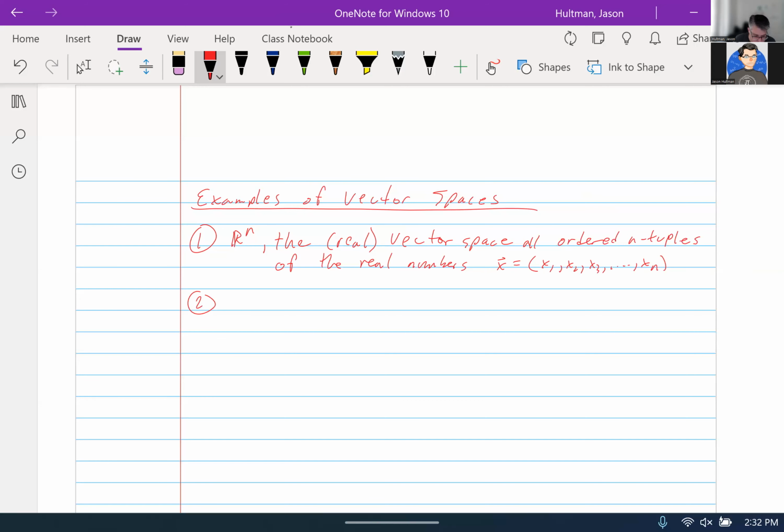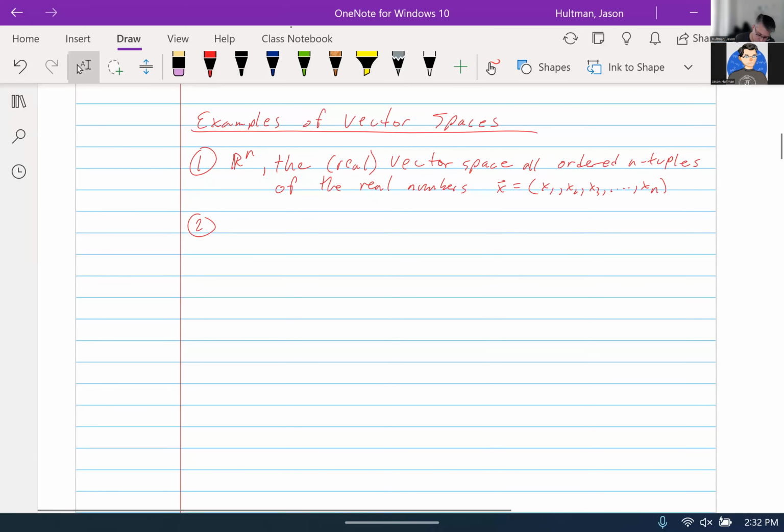Okay, number two. Script C, which is a script C. I'll try to make that a little bit better. It's hard to do the scripts, so it kind of looks like a crescent moon. So script C, and then to the nth power, or the nth degree.